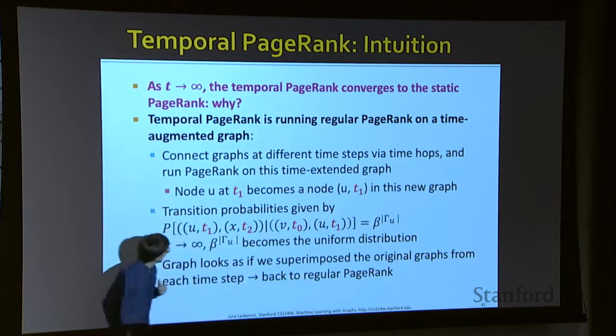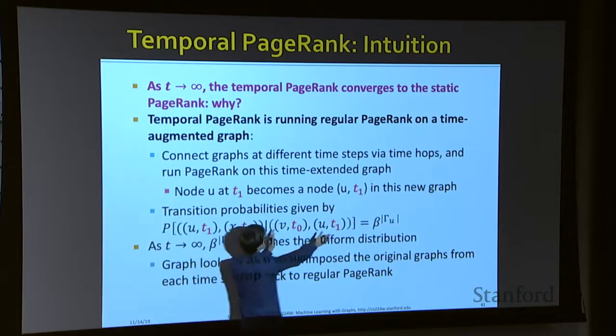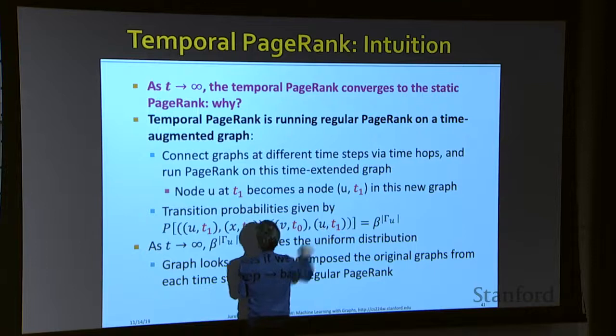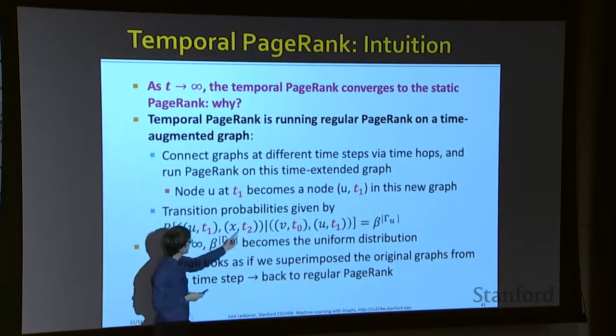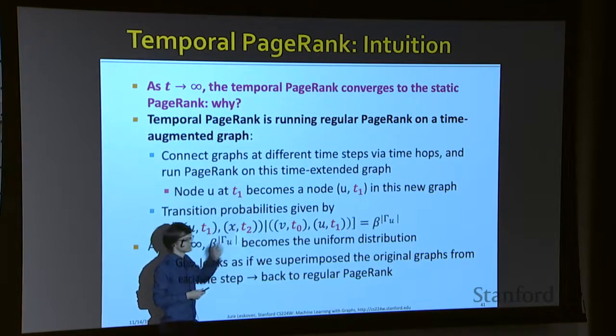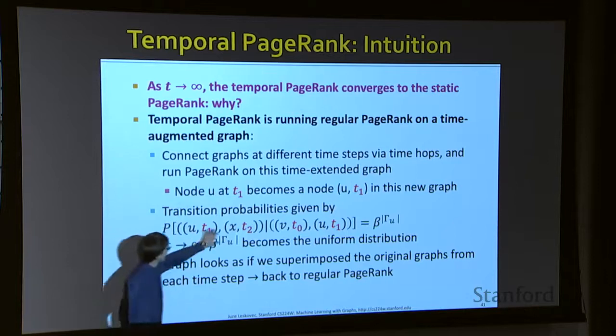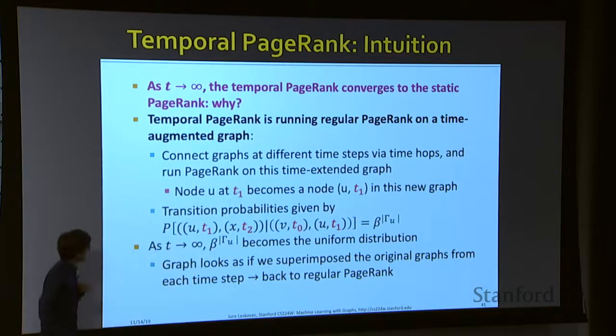Okay, so this is a complex way essentially of saying that I arrived at node u at time 1, and now I will exit node u at time t2. Okay, you will see why I write these things in this funny way.